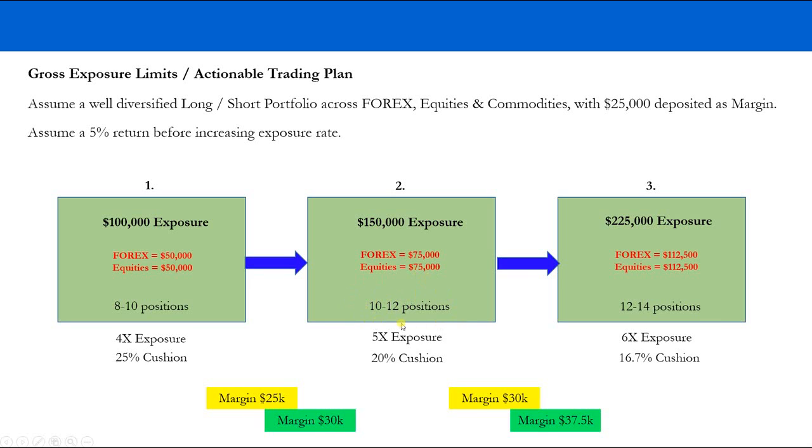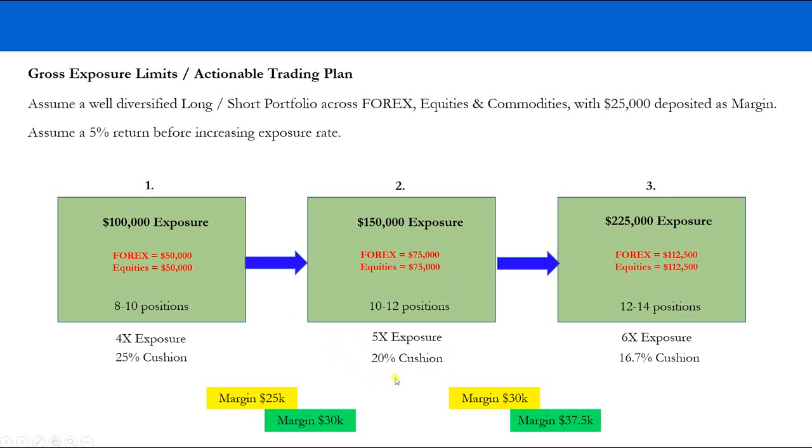We've also increased the amount of positions in our portfolio, which is very key because as we're growing our exposure, we're taking more gross risk, but we're actually taking less net risk because our exposure in Forex is gross 75, equities gross 75, but that 75 in each asset class is split amongst more positions. So our net exposure to asset classes is actually decreasing in terms of overall risk.